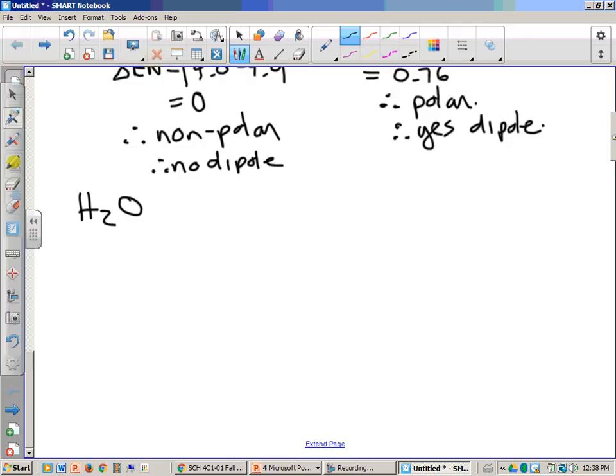Could somebody tell me how to draw this? So oxygen, how many lines, how many lone pairs? What do you got, Jess? Hydrogen? Single bond? Oxygen? Two lone pairs, single bond, hydrogen. Notice that their bonds are the same, oxygen and hydrogen.